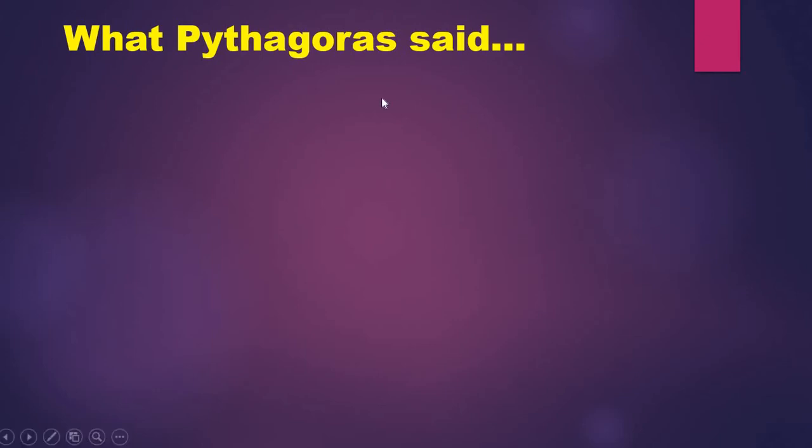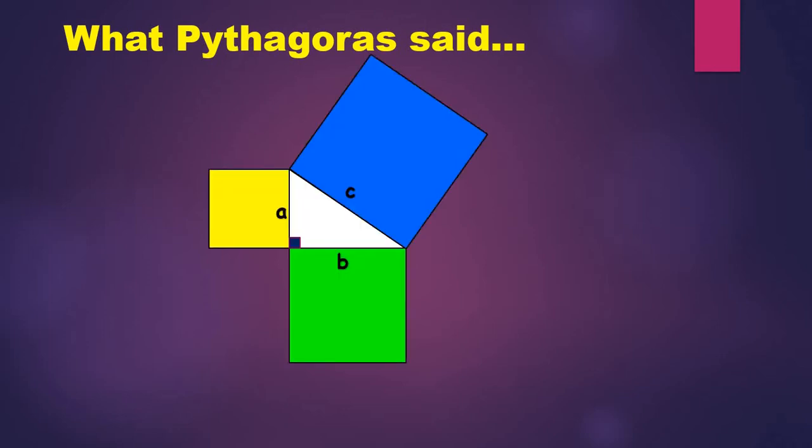Okay, now into the theory. Look at the squares drawn on each side of the triangle. The yellow and green squares are drawn on the sides that create the right angle, while the big square is drawn on the hypotenuse.